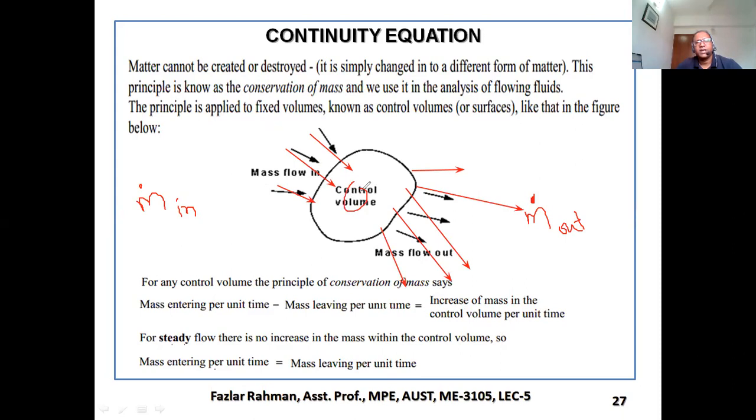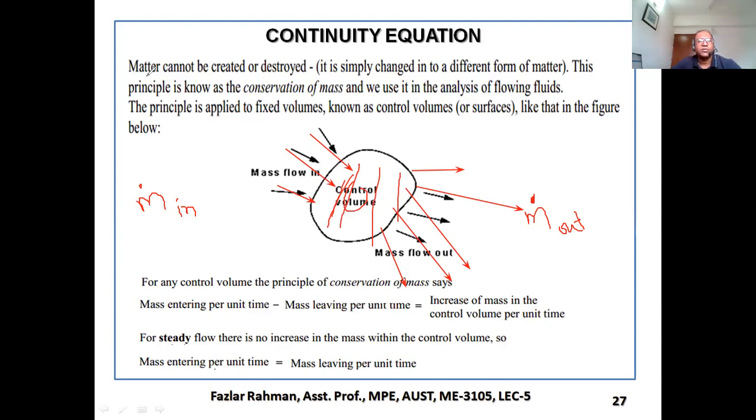The same amount of mass entering the control volume will also get out of the control volume. That means your water tank will not fill up, right? Though you are pushing some water in with the pump, because you are releasing 2 liters per second or 5 kg per second, the same amount of water is getting out from the water tank.